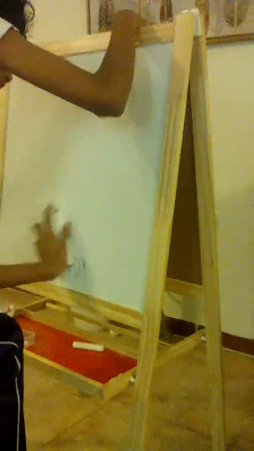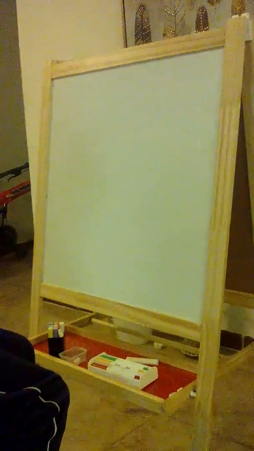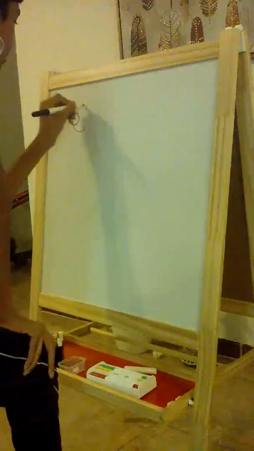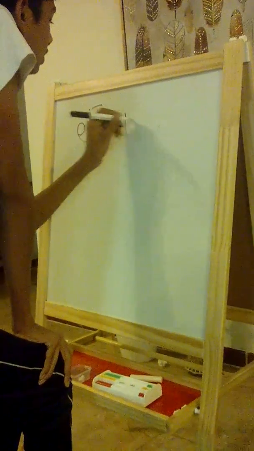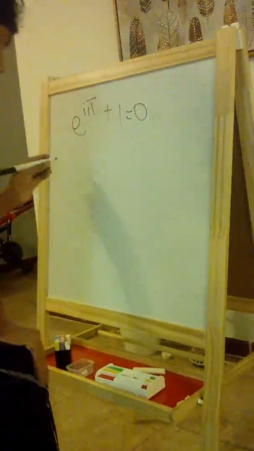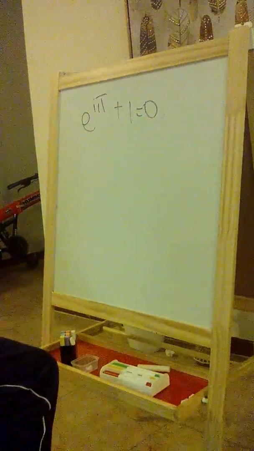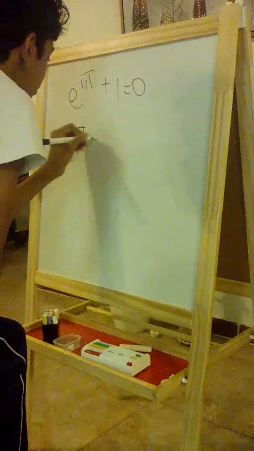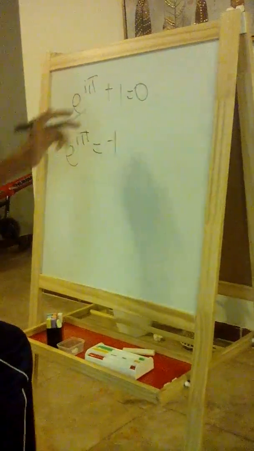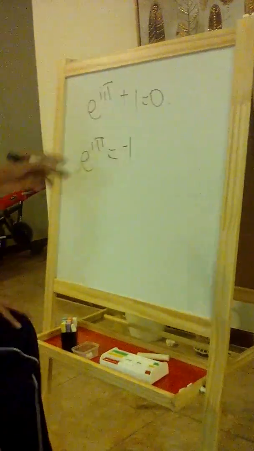So what I was doing right now was trying to simplify that equation. So it will be e to the i pi plus 1 equals 0. Then I made it e to the i pi equals negative 1, because you subtract 1 from each side.